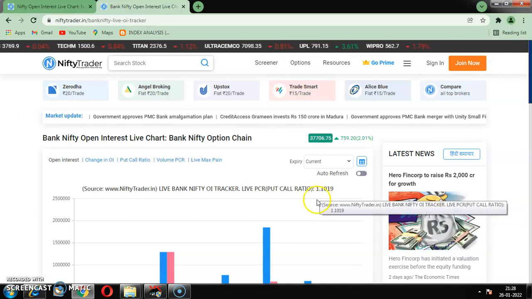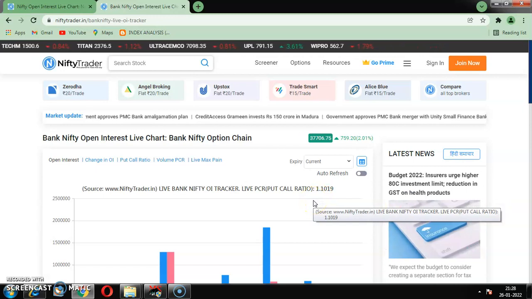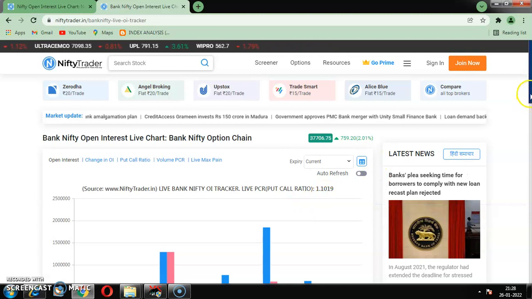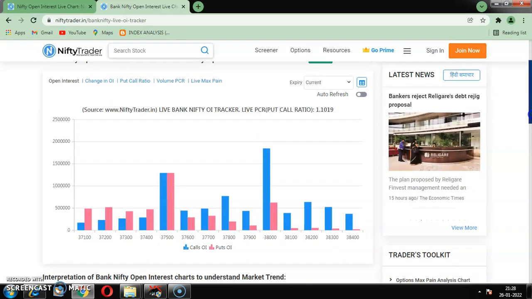I have told you that a put call ratio of one means neutral, below one is bearish, and above one is bullish. So as far as the put call ratio is concerned, Bank Nifty seems to be bullish.